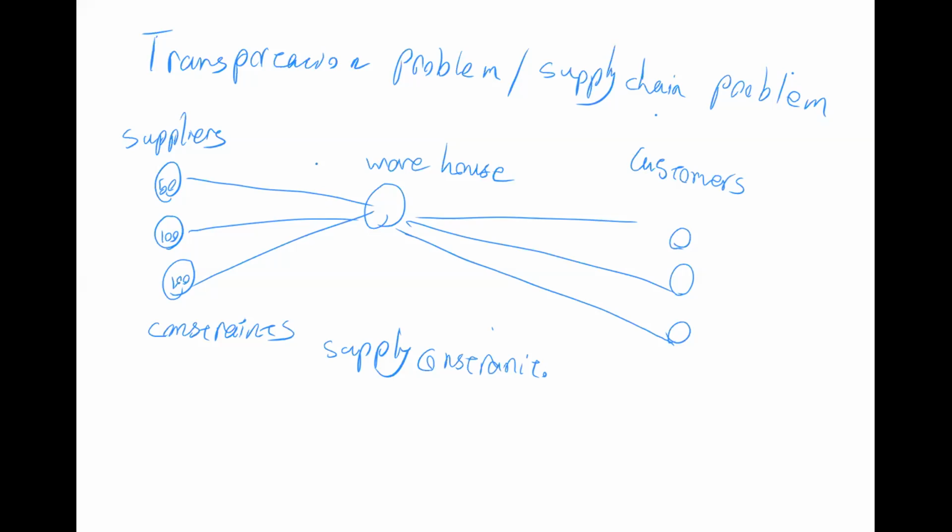Basically, you can say your supply should be less than your capacity, right? And it also depends upon demand. It's possible your supply is more than demand, so you lose something.